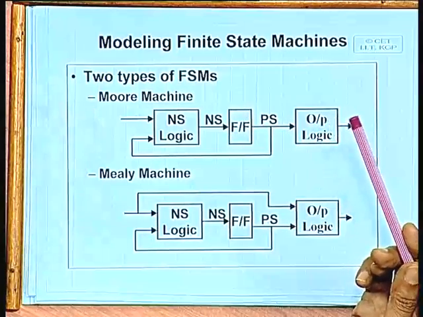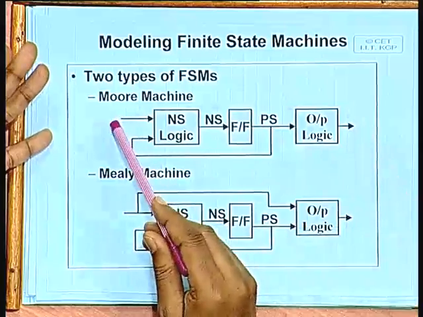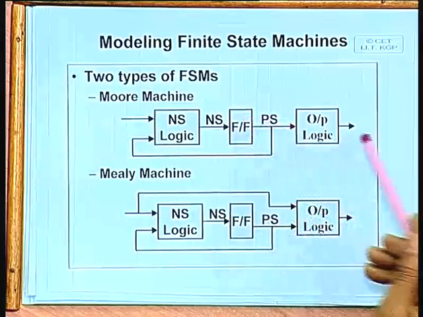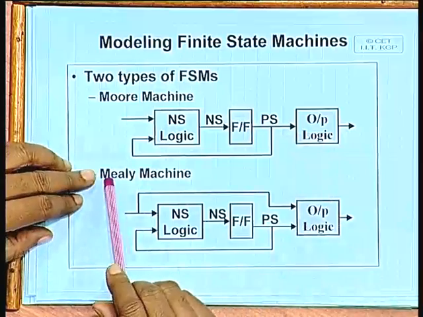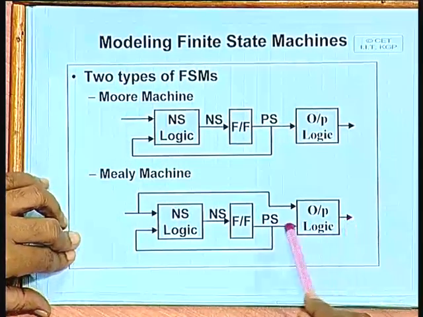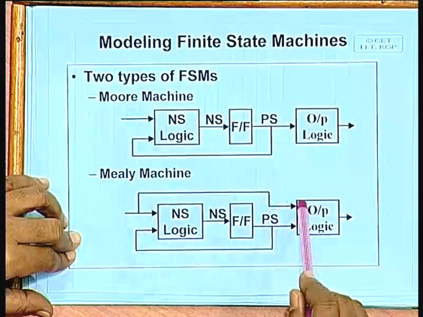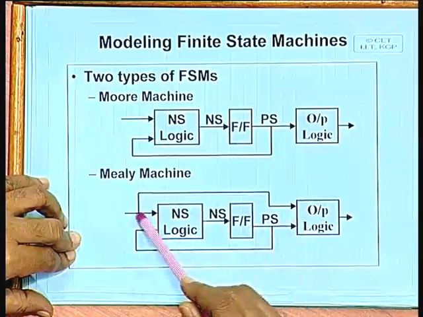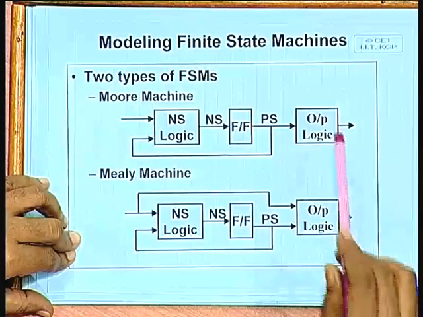A typical example is a counter. The output value does not depend on the input; whatever is its present state, that is the output. But in contrast, in a Mealy machine, the output at the present point in time may also depend on the input you are applying. So present state in combination with the input will give you the output.